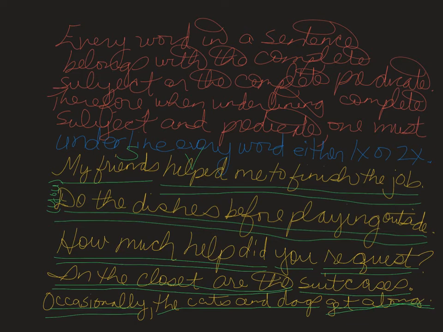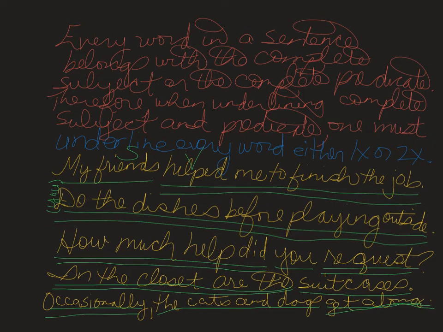And notice this next word, helped, is your simple predicate, and then everything else goes with that. Helped whom? Me, that's your direct object. Helped me how? To finish the job. So simple predicates or complete predicates underlined twice, complete subject is just once. And usually your complete predicate will have more words underlined than your complete subject. Not always, but the majority of the time.